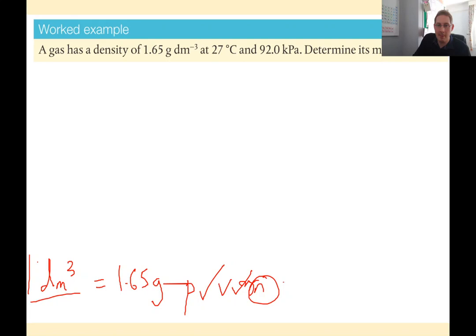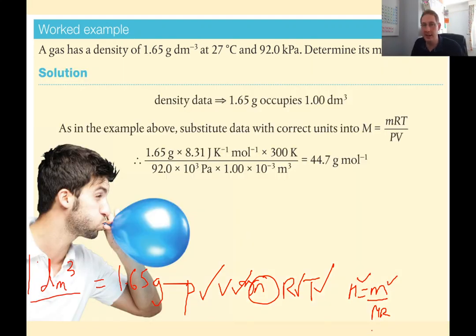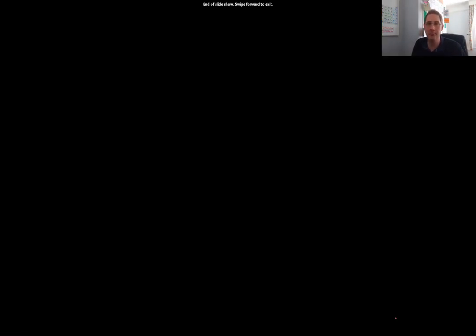R, we've got, and the temperature, we've got that. So we can find out the number of moles. Again, we've got from this that n is the mass over molar mass, and we can work out n from the first equation. The mass for a decimeter cubed is 1.65 grams. And then we can work out the Mr, and it works out at 44.7 grams per mole.